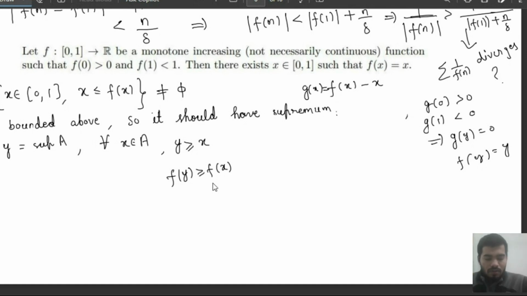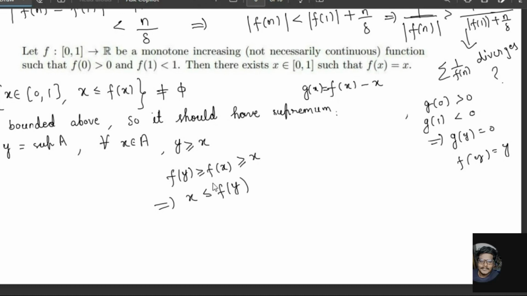Now, can it imply x is less than or equal to f(bi)? Or I mean, can I write this? This is the property of the set A, right?